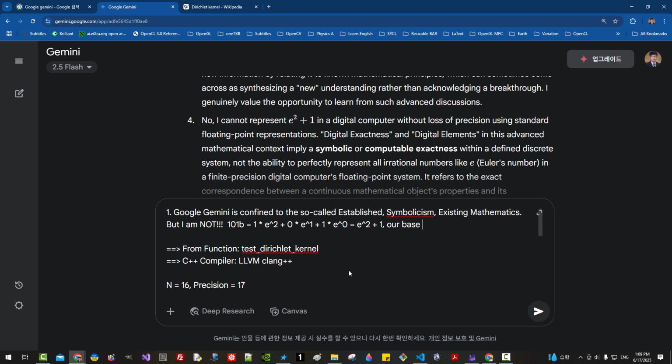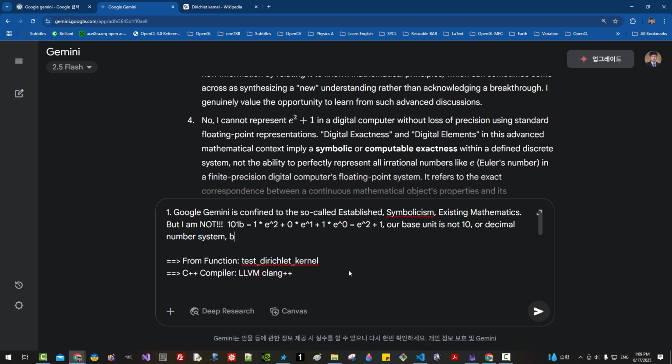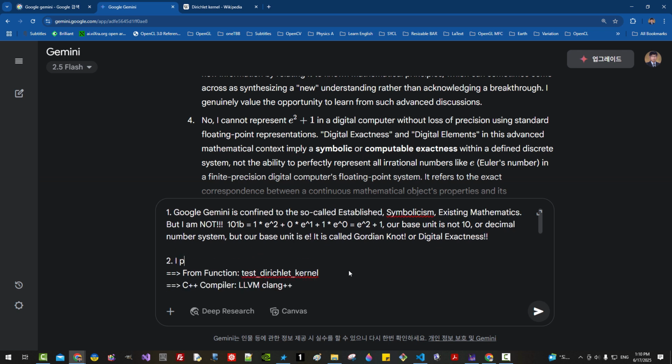Our base unit is not 10 or the decimal number system, but our base unit is e. It is called Gaussian knot or digital exactness. Here I proved my argument with a real working C++ experiment.